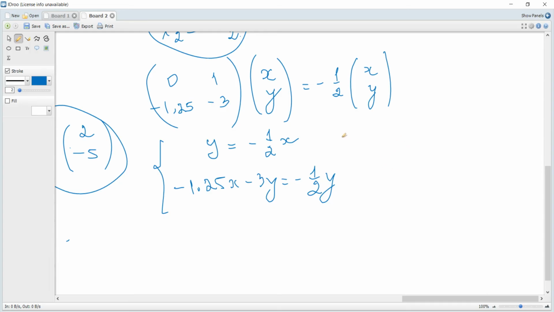From here we can see that we can choose x to be 2 and y to be negative 1.